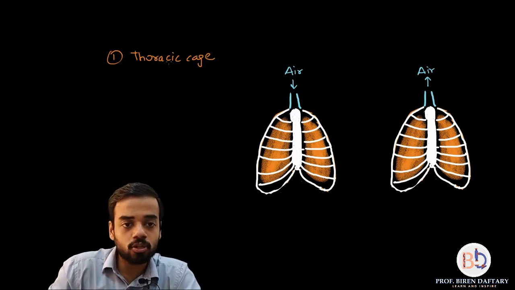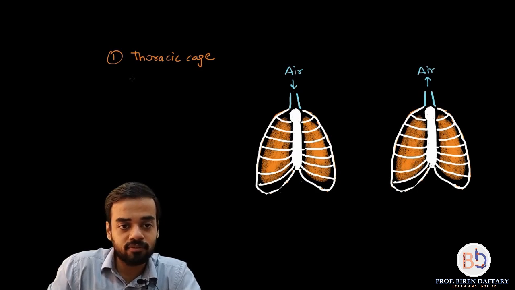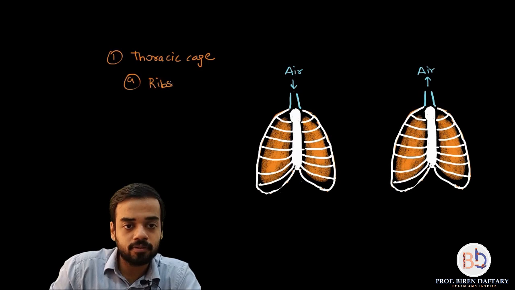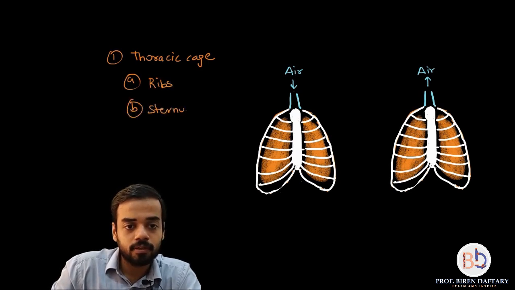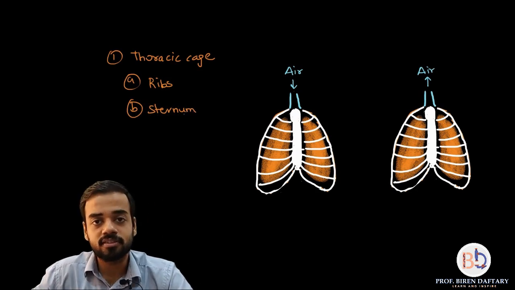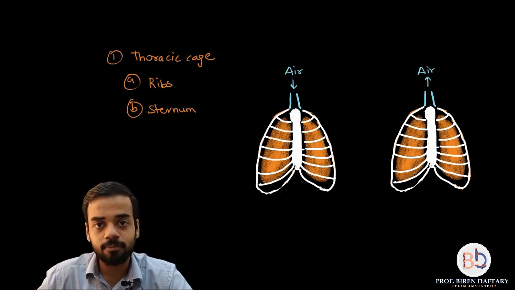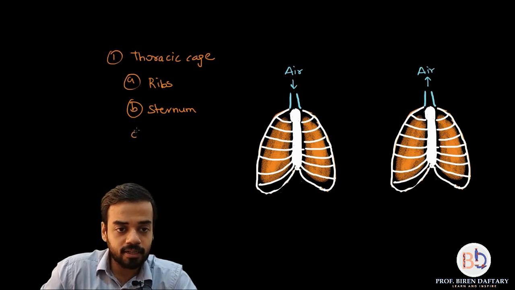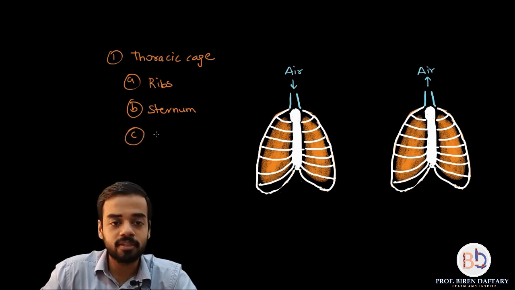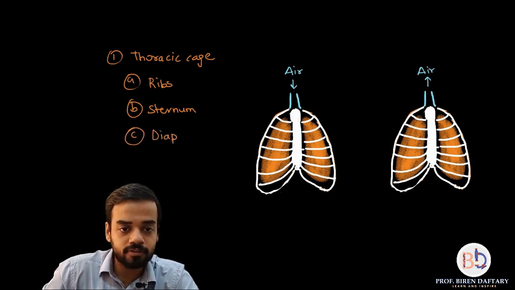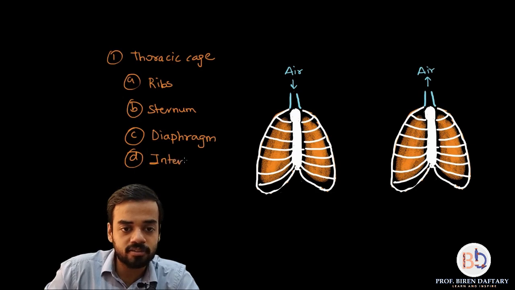In the thoracic cage there are two things which are very important: first the ribs, and second the sternum. And apart from these two structures, there are two muscles which help in breathing. The third thing which is useful in breathing is the diaphragm muscle, which we have already talked about, and the fourth are the intercostal muscles.